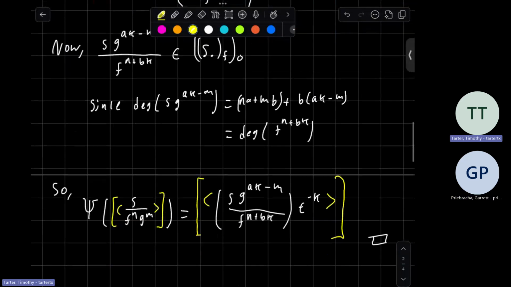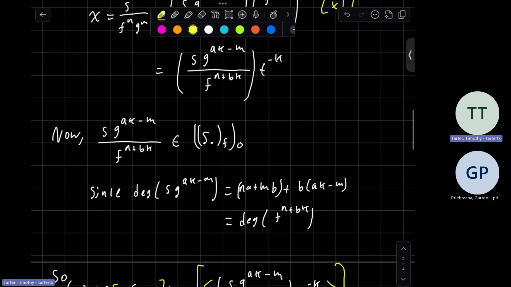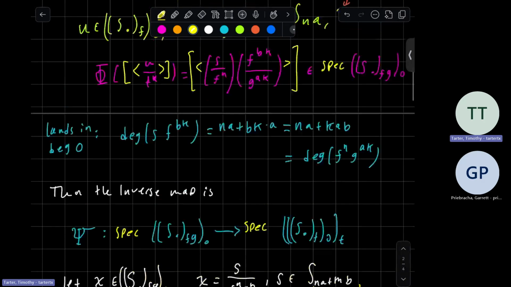Now, this does not prove that it's surjective or injective. I think having a right inverse implies surjectivity. A left inverse implies injectivity if and only if you accept the axiom of choice.